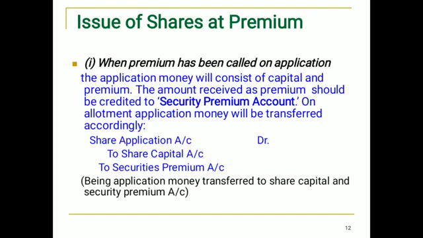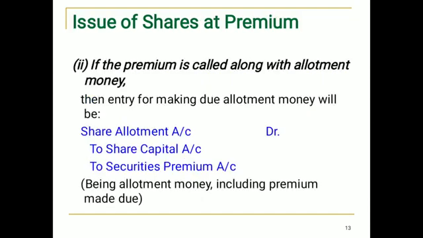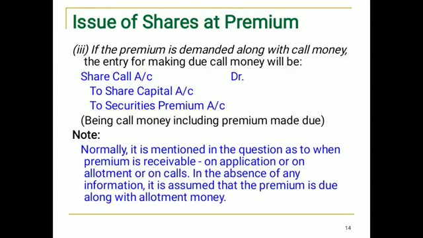Then the issue of shares at premium, the second topic, and the journal entries that I explained in the previous lecture itself. When the premium is called with application, this is the journal entry. When with allotment, this is the journal entry. When with call, this is the journal entry.